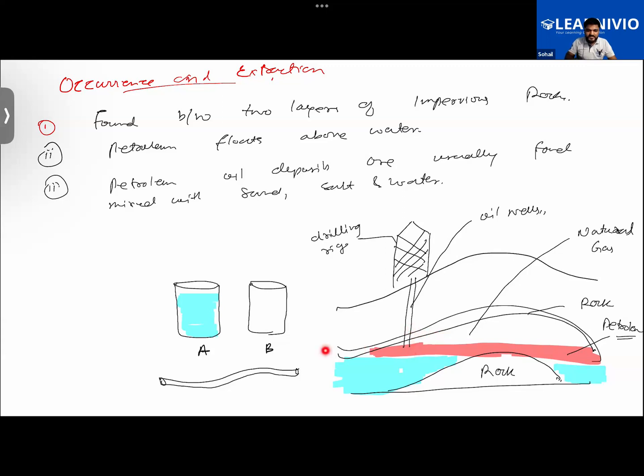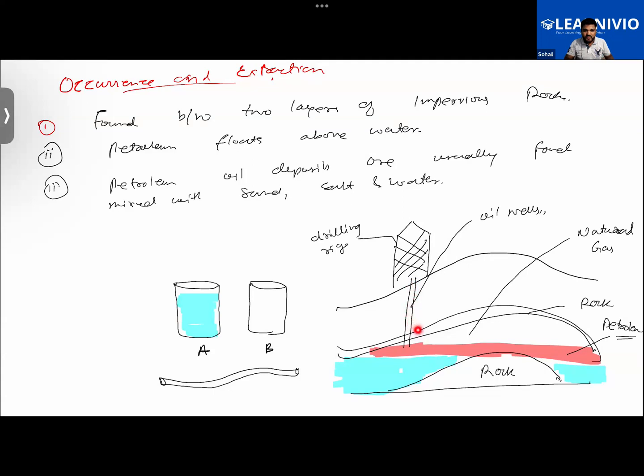Then, as we learned, for example, as you suck water from tumbler A, the water will start to go from A to B with the help of this pipe. In a similar manner, as the oil well is dug, natural gas will start to come out from this well with a huge amount of pressure.